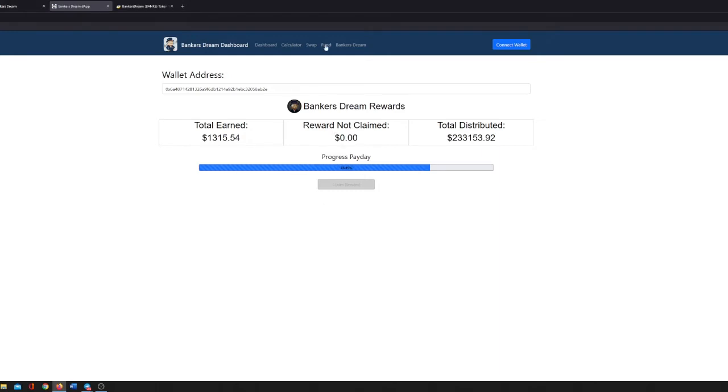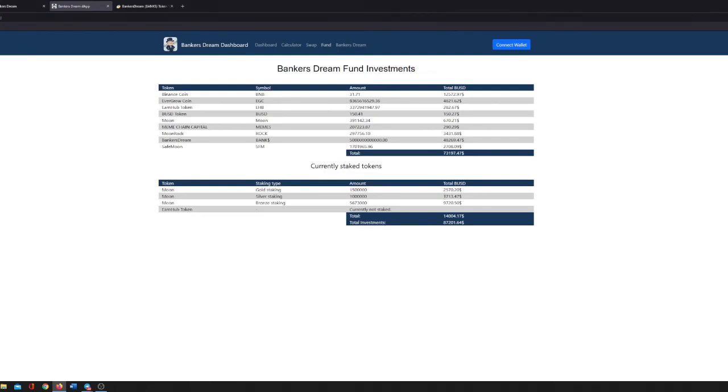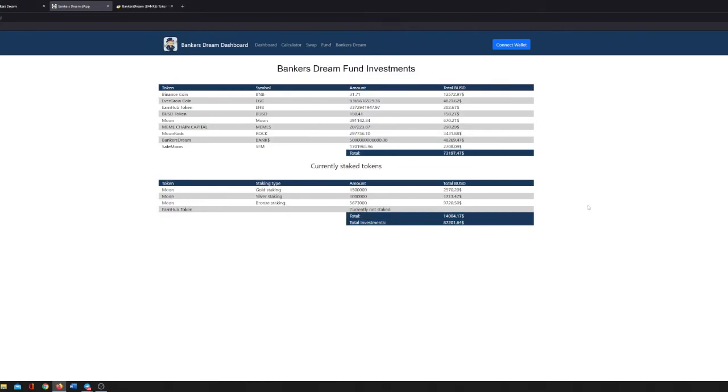All right, then we can take a look in here. You will also see, if you switch to this point here, an overview of the fund itself. Every single holding we have is displayed in here, so nothing is missing from the fund itself.